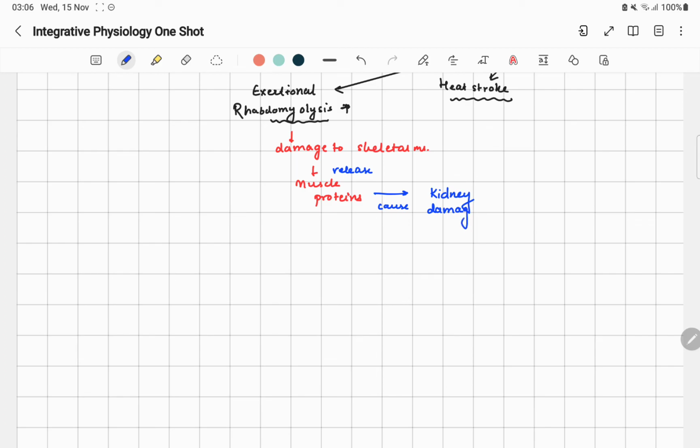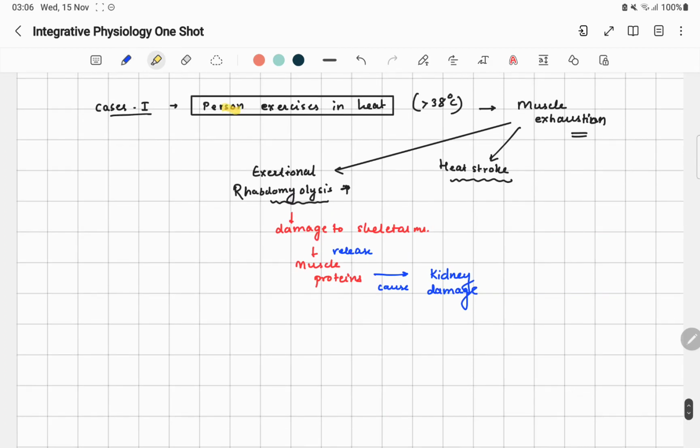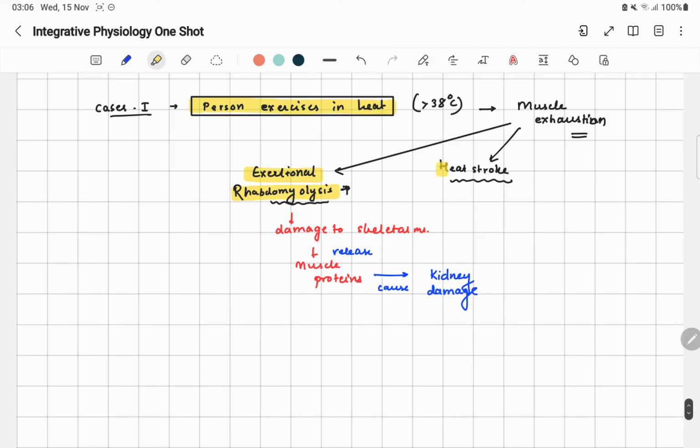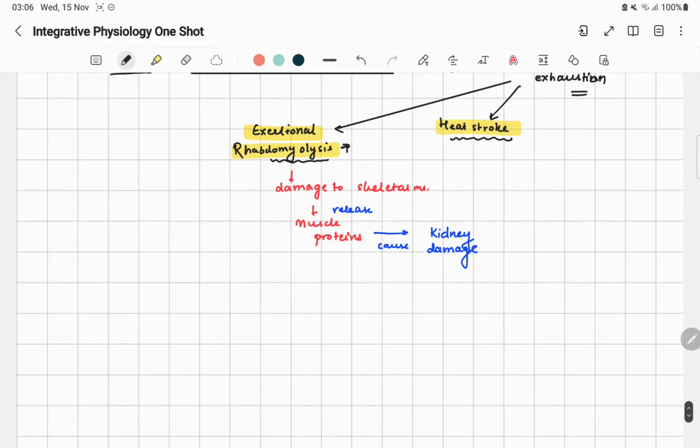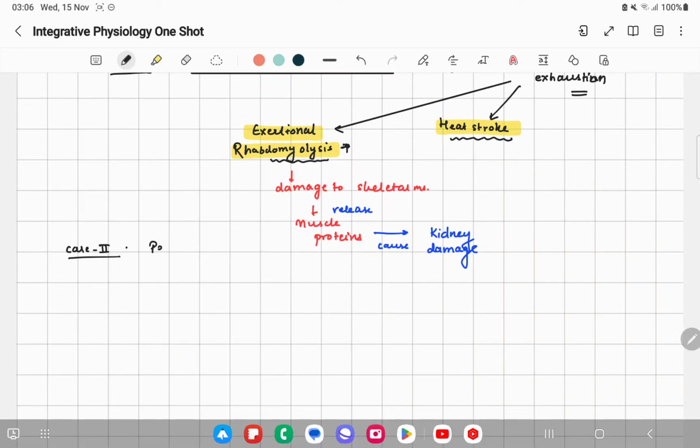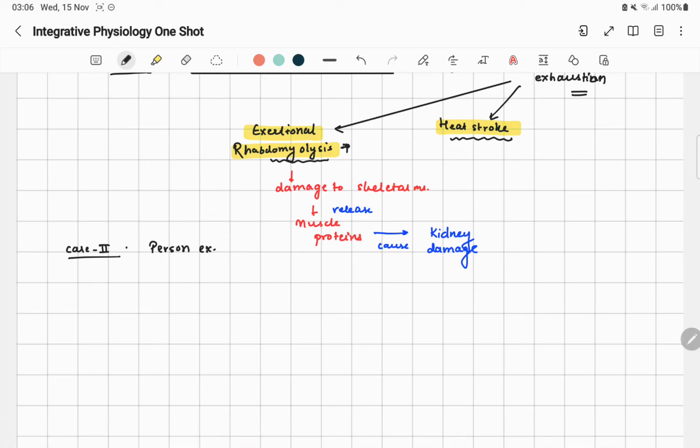So what are the effects if the person exercises in heat? There will be exertional rhabdomyolysis and heat strokes. Then case number 2, the person exercises in cold.